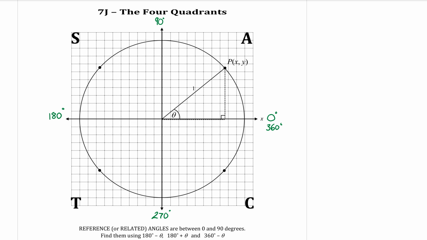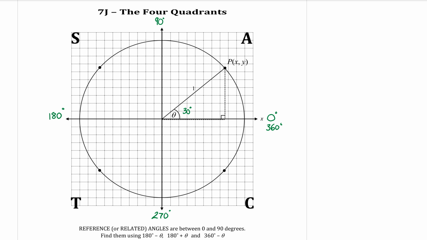Now we want to talk today about reference angles or related angles. If I measure an acute angle in this first quadrant, there is a relationship between that angle and other angles in the other three quadrants. Now the relationship goes like this. If I choose an acute angle in that first quadrant, I'm going to choose the angle 30 degrees.